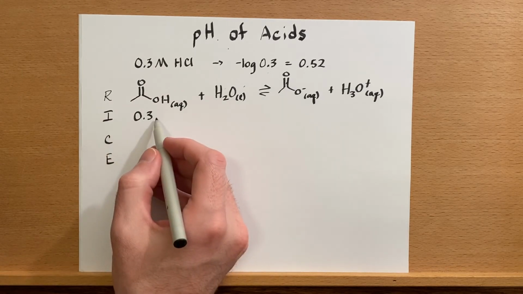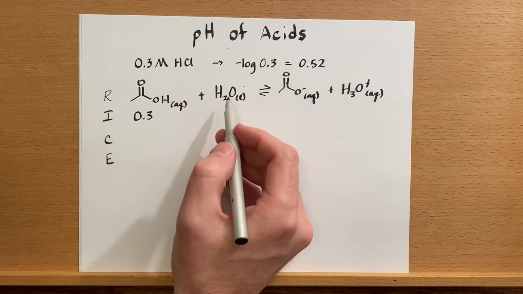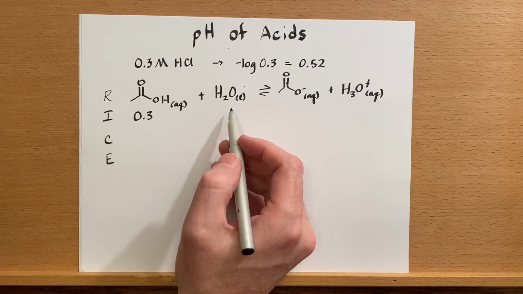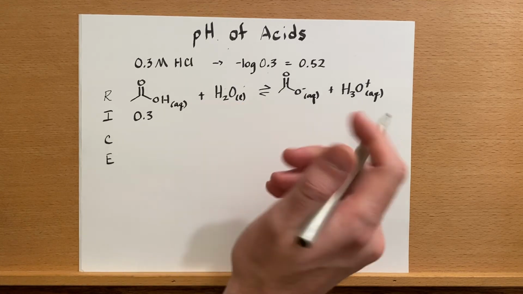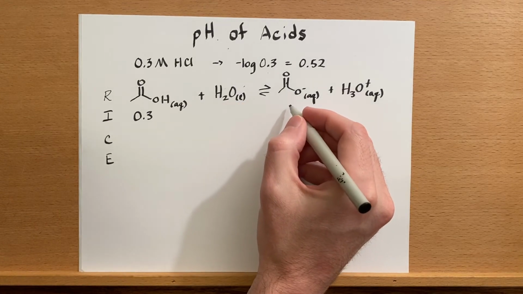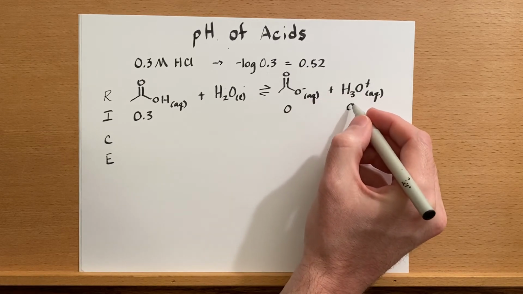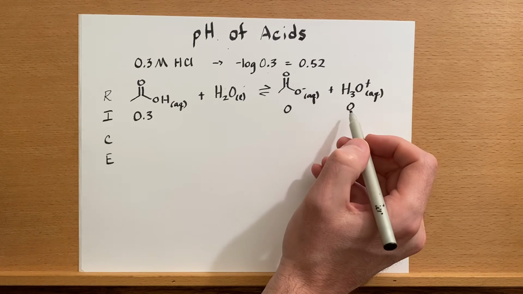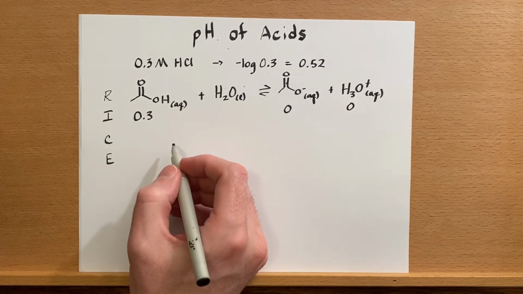So we have our initial condition right here. It's 0.3 molar for our acetic acid. We won't care about the water because it doesn't go in the equilibrium expression since it is the solvent. And let's assume that we didn't have any acetate ions or an appreciable amount of H+ in the solution when we started. So we'll just put down zeros for those.